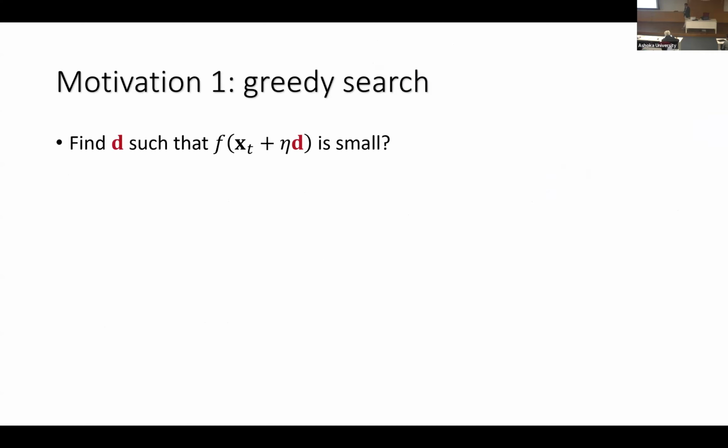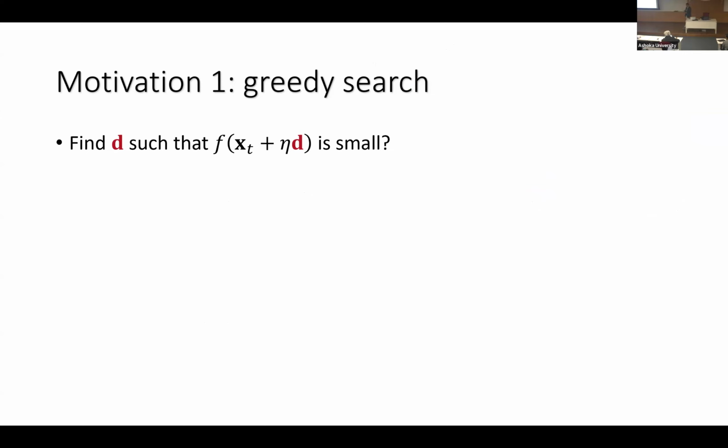And one motivation for gradient descent could be just greedy search. It's a greedy way of doing optimization. I am asking this question: find the direction d such that xt plus eta times d, my next point xt plus 1, is the minimum possible.